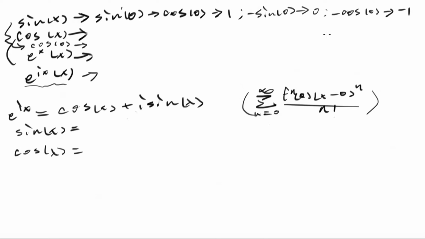By repeating this process, you can actually see that the derivatives of a sine function repeat in a pattern: 0 to 1 to 0 to negative 1 to 0 and starts repeating.